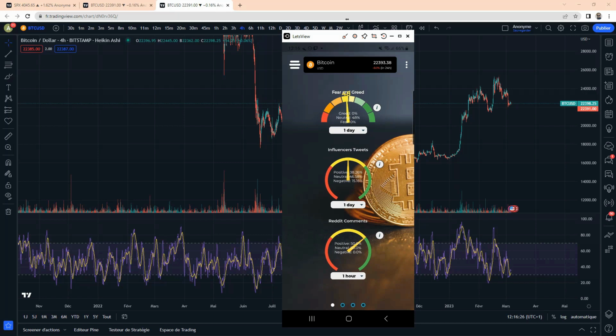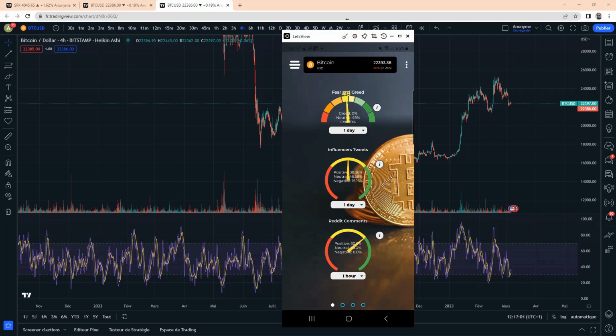We started with the gauge system, and we used machine learning technology to dig on every social media for the polarity and the sentiment that is going on. So, for example, after the fear and greed, which is only available for Bitcoin, by the way, we have the influencer tweets. We have a list of major influencers, like Michael Saylor, Elon Musk, and many others, that we review and update on a daily basis.